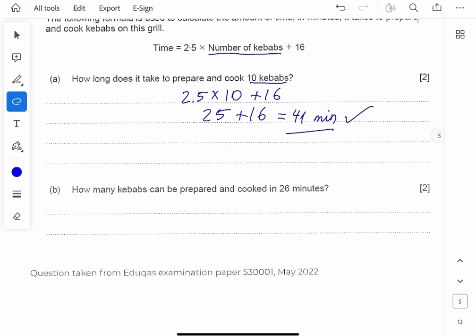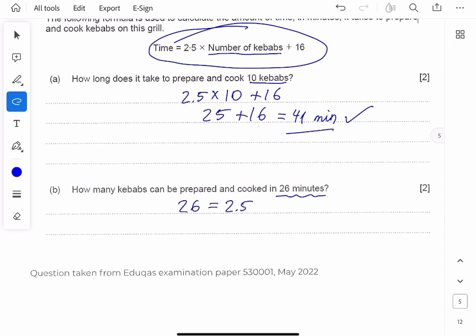So next question, this time we know the time, 26. So we're going to use the same formula, replace time by 26, kebabs with the X or question mark, and plus 16. So can you see it looks like an equation? Instead of kebabs, put X in there and rewrite as an equation.